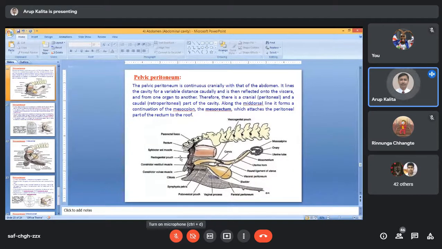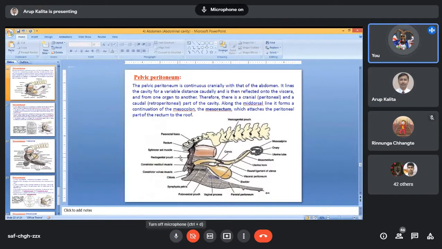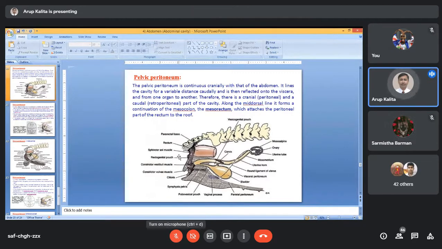This area is not covered by peritoneum. This area is covered by peritoneum. That means peritoneum covers only the anterior 1/3 of the pelvic cavity.